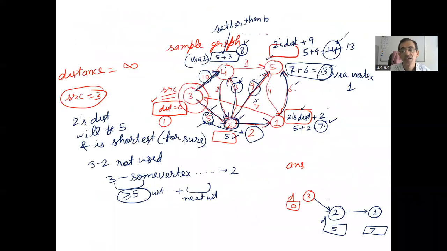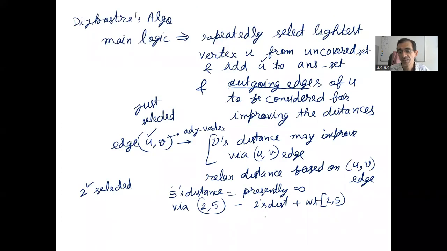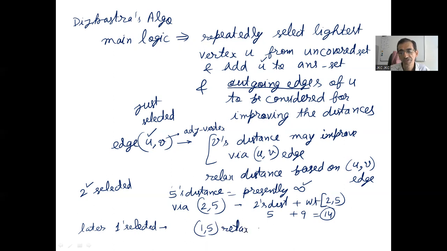Just to see back, I said 5 plus 9, earlier that was infinity. So I said this was 5 plus 9, that will become 14. Earlier that was infinity. Later, 1 selected, and then based on 1, I said that 1, 5 edge relaxation will be tried. Relaxation of 1, 5 will mean effectively 1's distance plus weight of 1, 5.